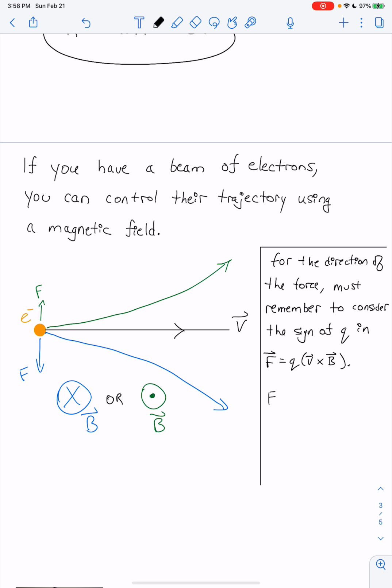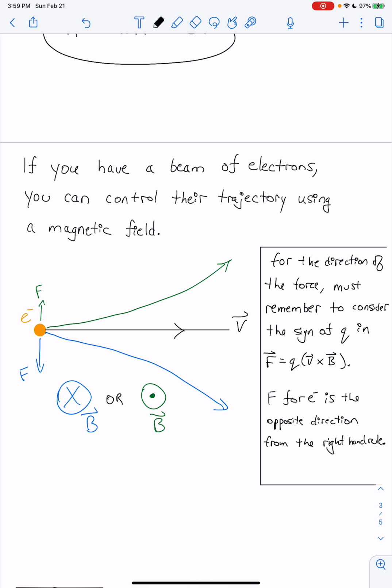So the force for an electron is the opposite direction than the right-hand rule.